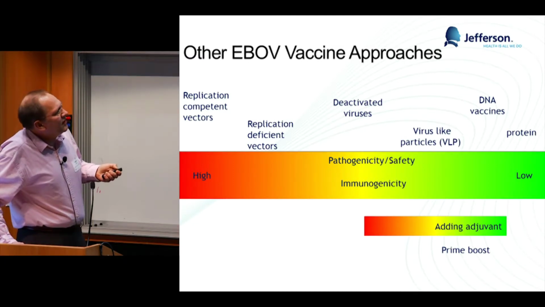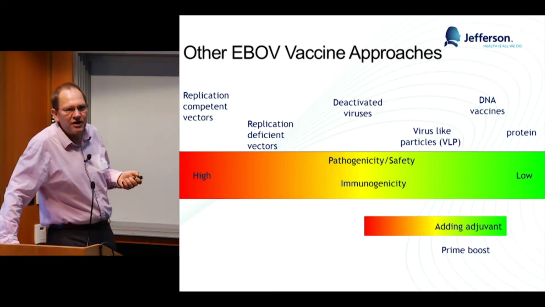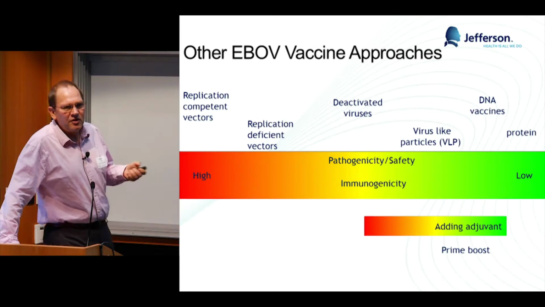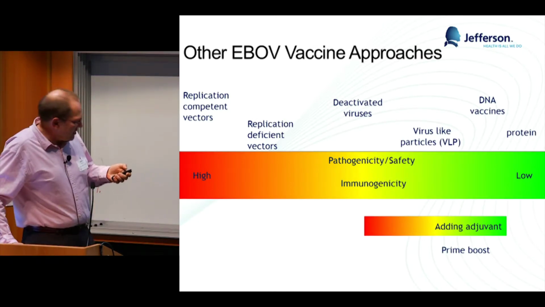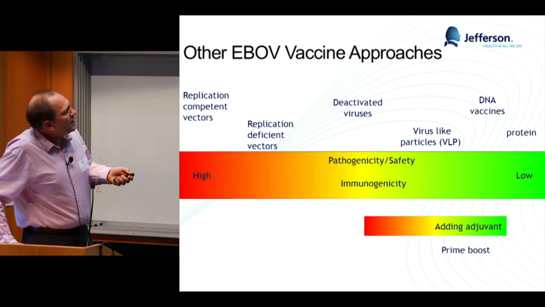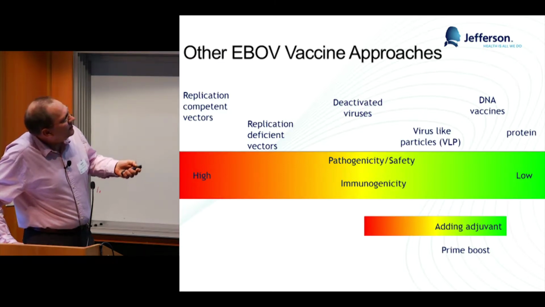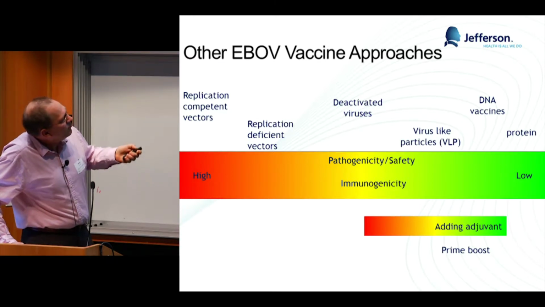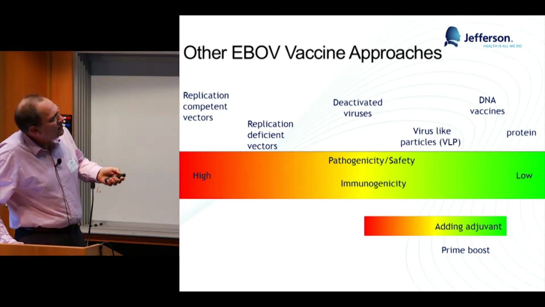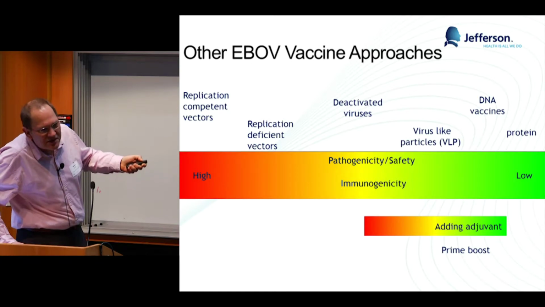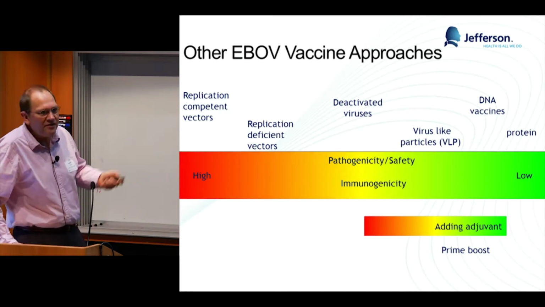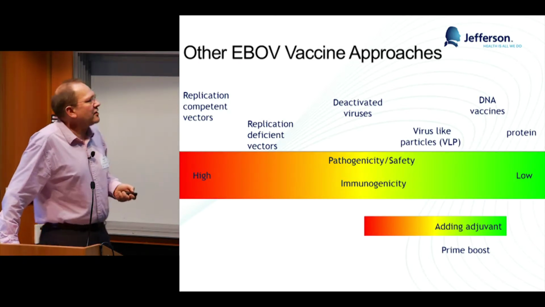Then we have DNA vaccine, and then we have protein itself, which is mostly not really immunogenic without any adjuvant, because there's no really good reason for your body to make a response against a single protein. And then to make these things more immunogenic, you add adjuvant, and with adjuvant, it's a risk area again. So it's all a balance and trial and error to make a good vaccine.